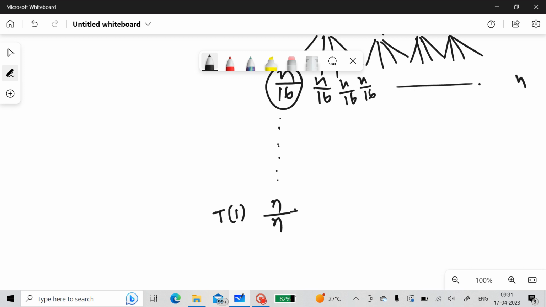Because n over n is 1, the time complexity there will be 1. This is the base case for any recurrence, and it is given with the recurrence. When you reach this level you have to stop, and until now at each level you are taking n time.